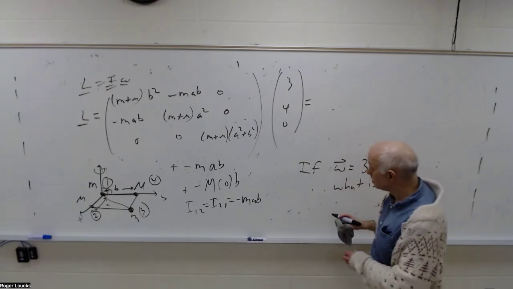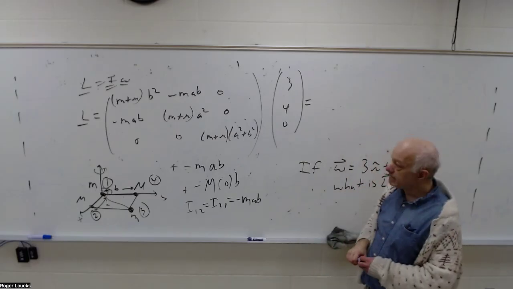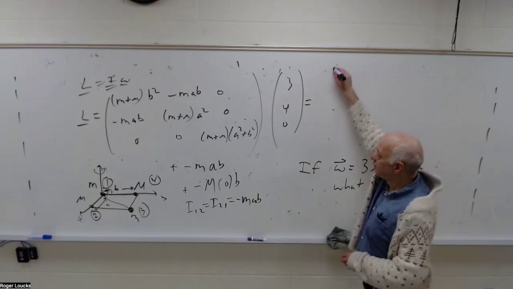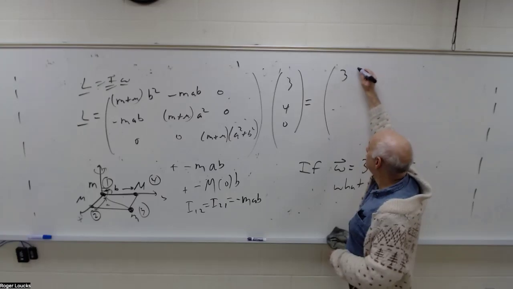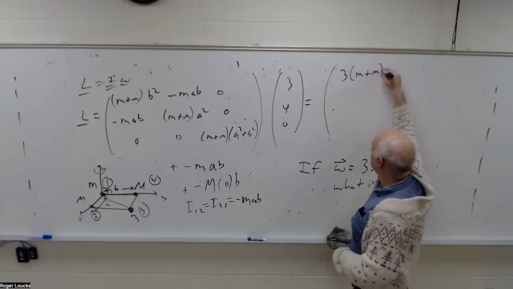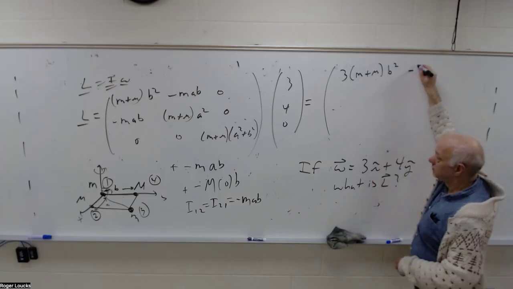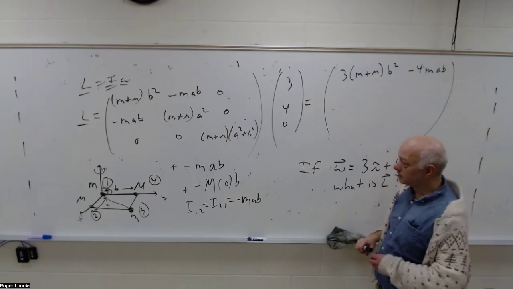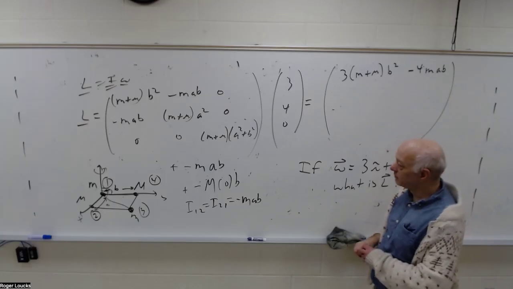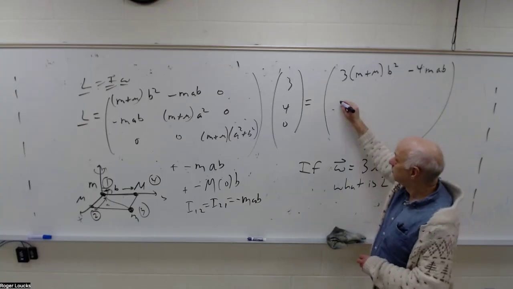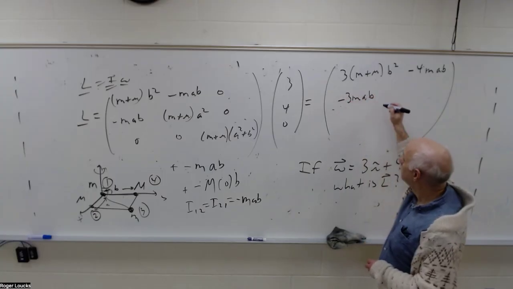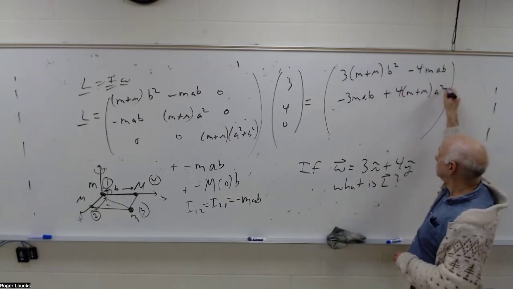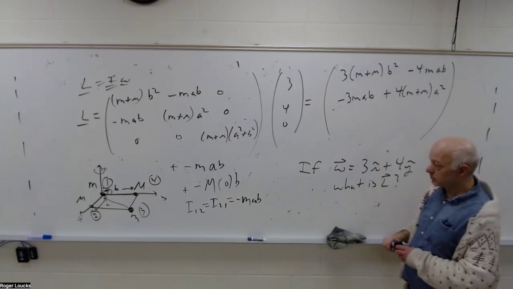What does this end up equaling? 3 times little m plus big M e squared minus 4 m a b, minus 3 m e b plus 4 little m plus big M e squared, 0, 0.